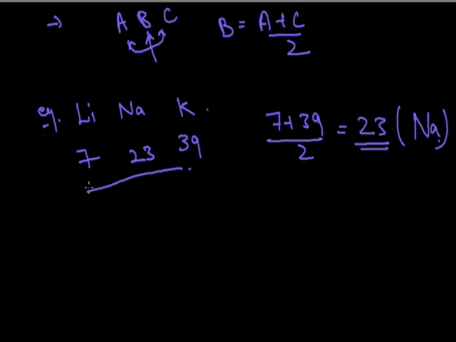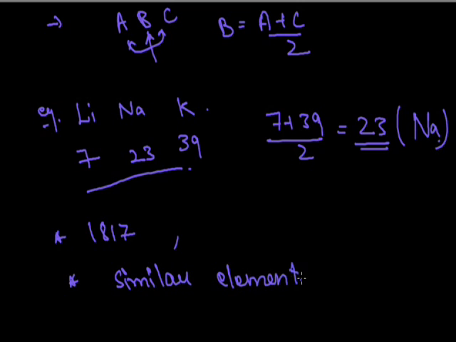This classification was given in 1817 by Dobereiner, a German chemist. He arranged the elements with similar properties in groups of 3, which were called triads.